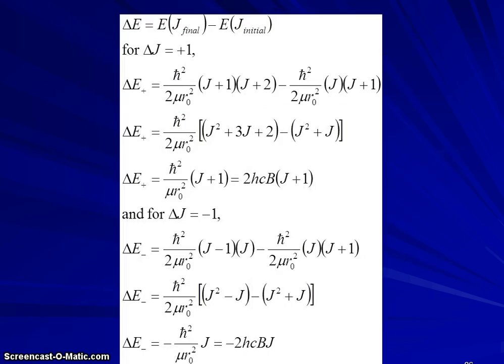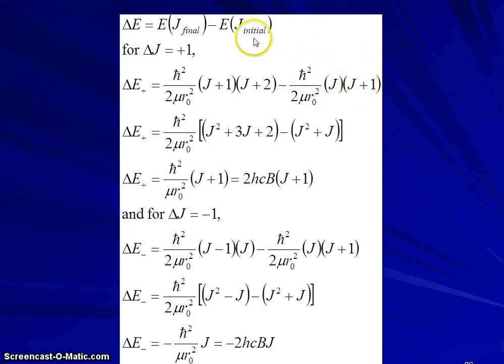Here's the derivation as promised. If we want to know what change in energy is going to be for an energy level going from some energy level J up one level, remember that the initial energy is going to be h bar squared over 2 moment of inertia times J times J plus 1.